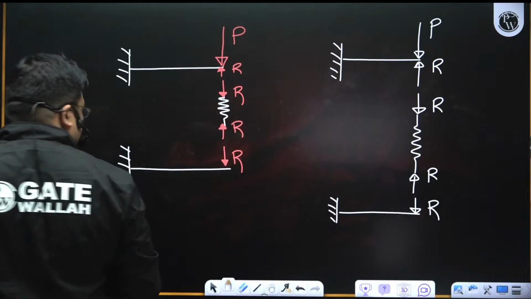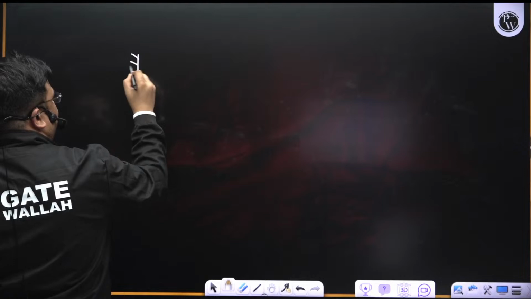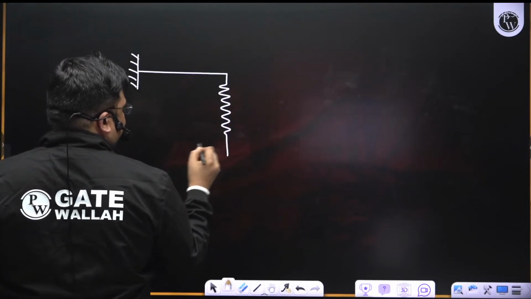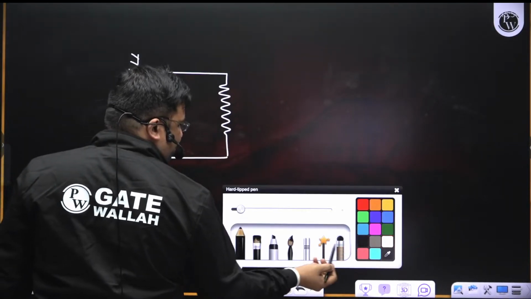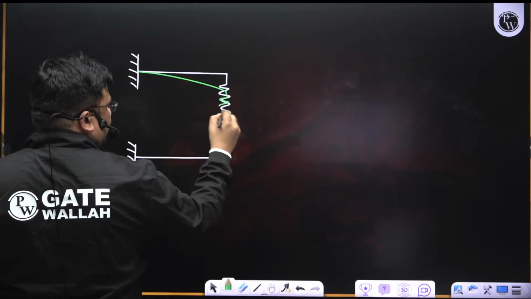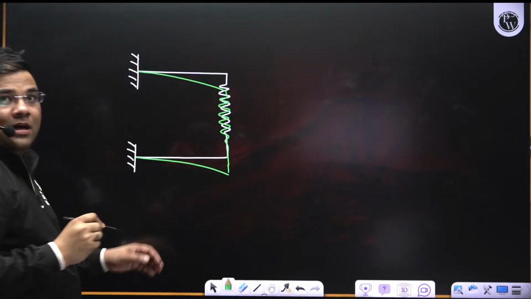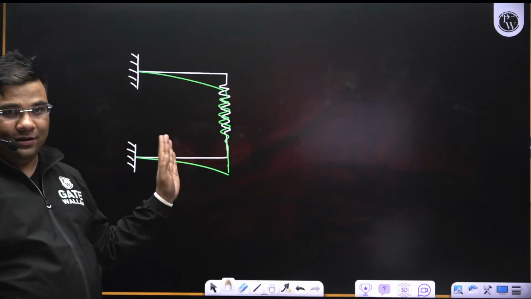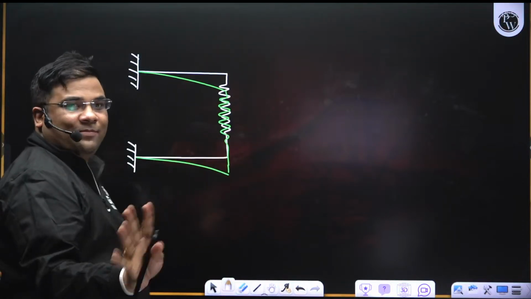Now see, now interesting. Both beams will deflect. Now I will deflect them. Since the spring force is not 0 here, that means this deflection and this deflection are not the same.